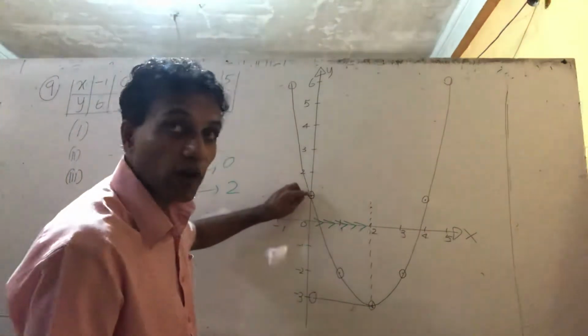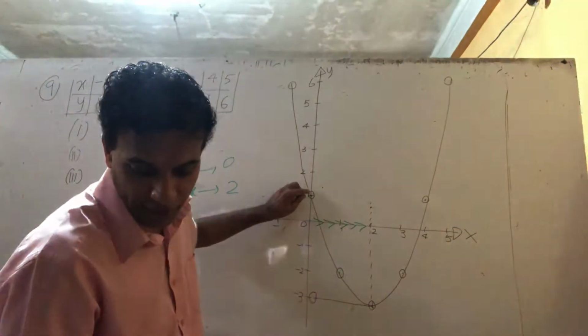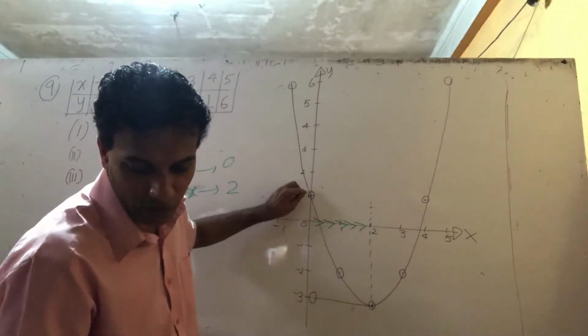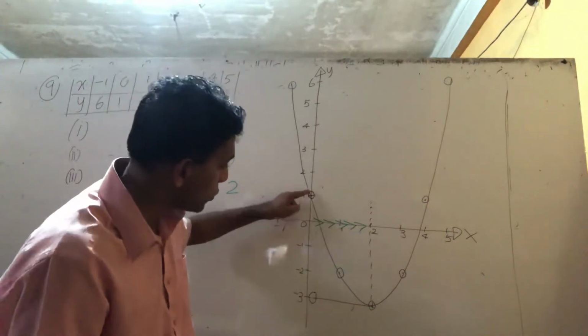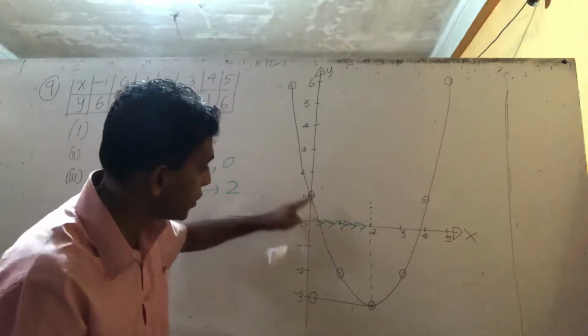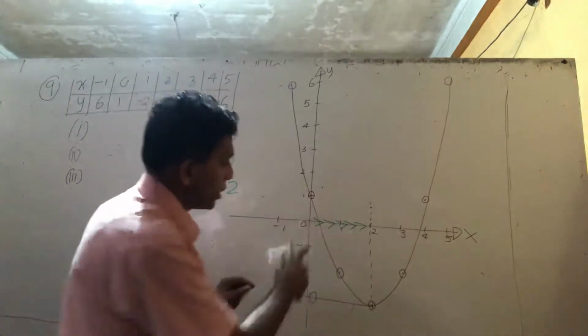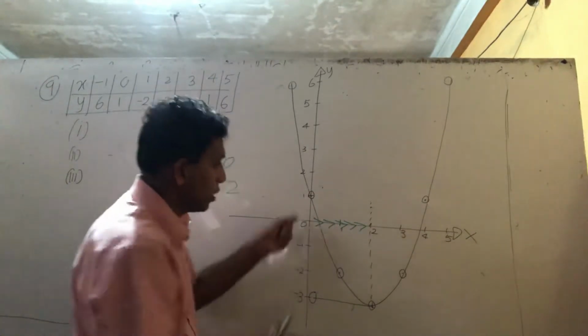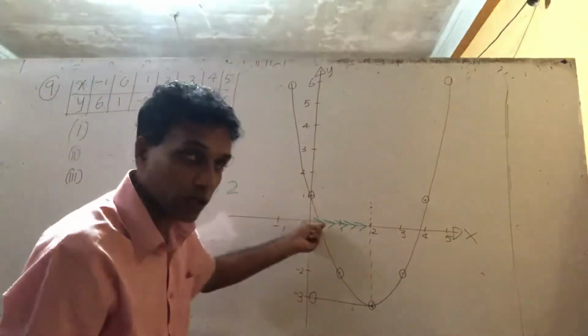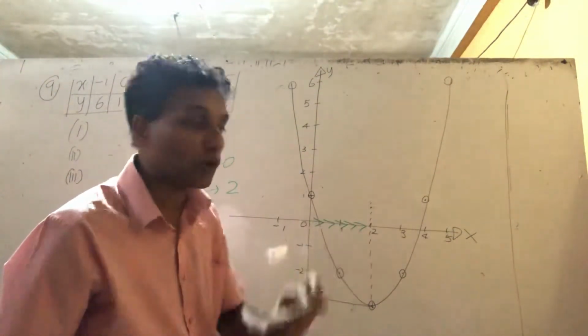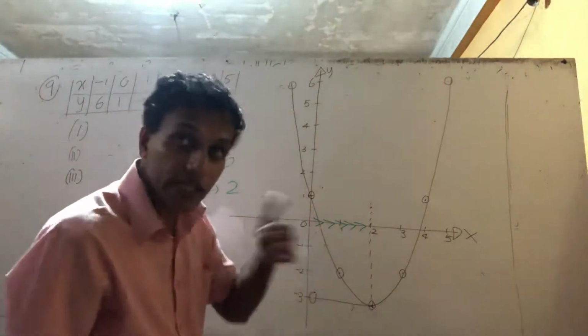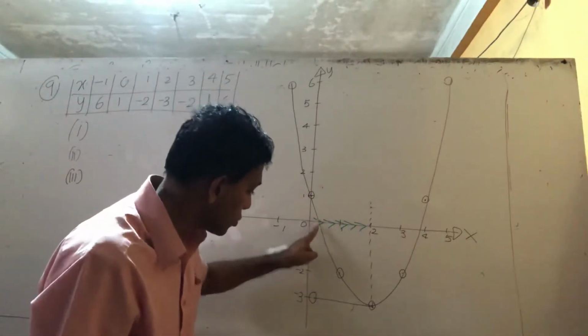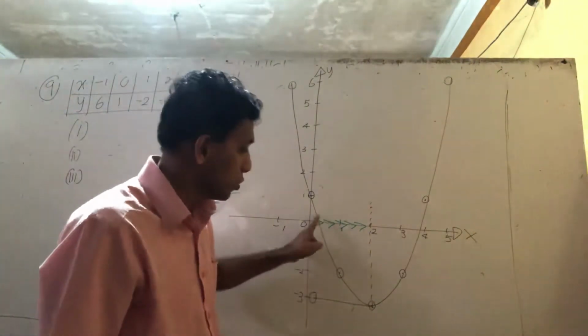Y decreasing from 1 to 0 up to here. Here y is 1, here y is 0, so y is decreasing from 1 to 0, and further decreasing from 0 to -3.